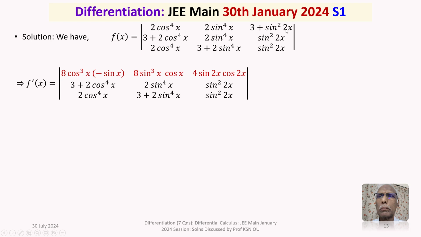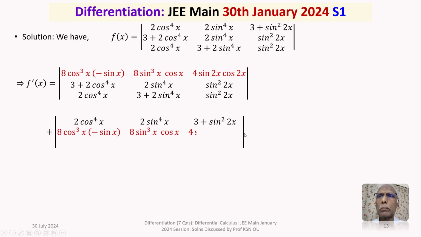And 3 plus sin square 2x, when differentiated, gives 4 sin 2x cos 2x. Right. Similarly, in the second determinant, the entries of the second row are the derivatives of the entries of the given determinant f of x. They are differentiated and written in red.